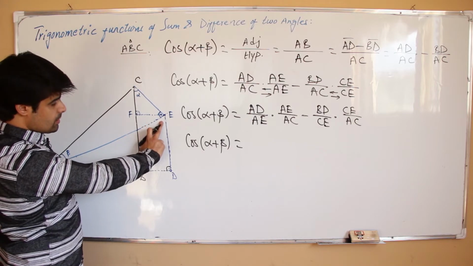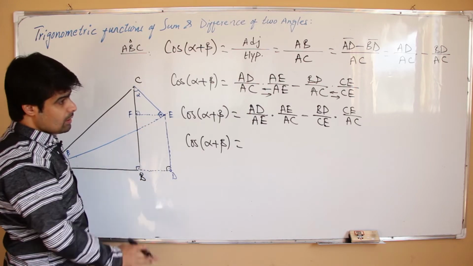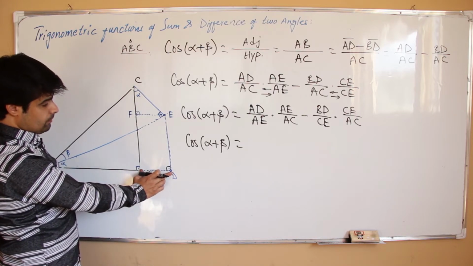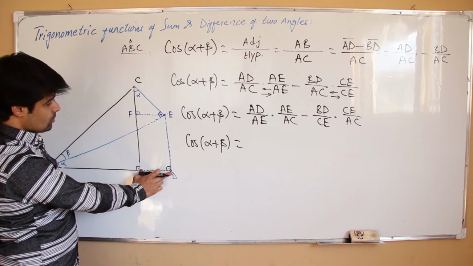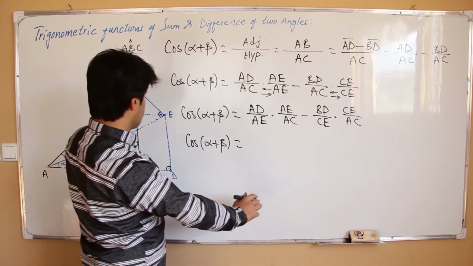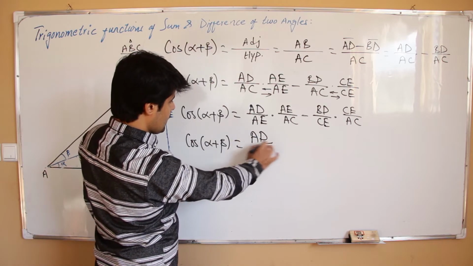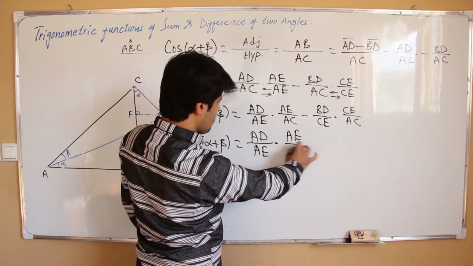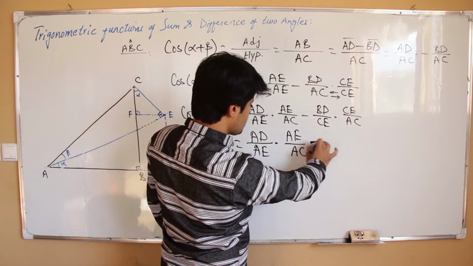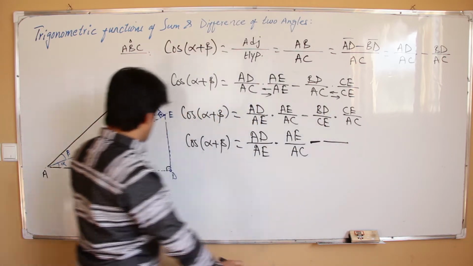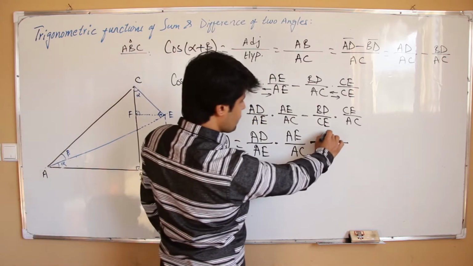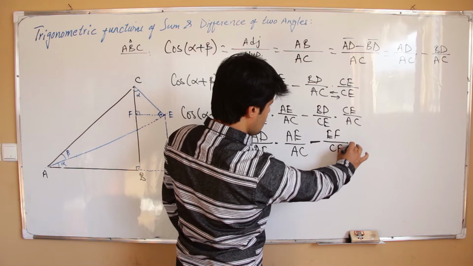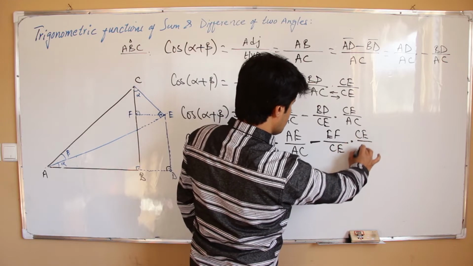Yes, it is in the triangle. BD is not in the triangle, so I will write EF. AD by AE multiplied by AE by AC minus, instead of BD we can write EF or FE, EF by CE times CE by AC.